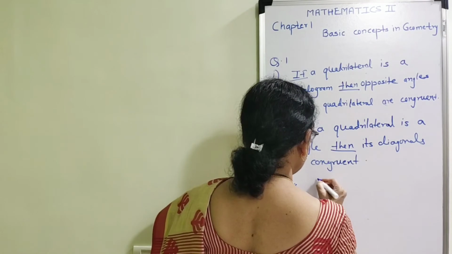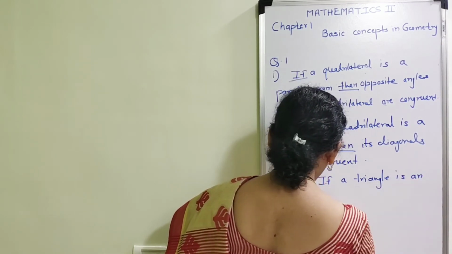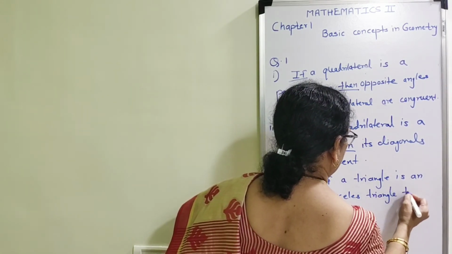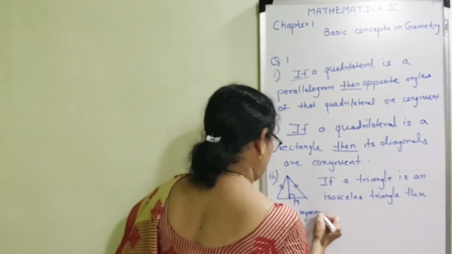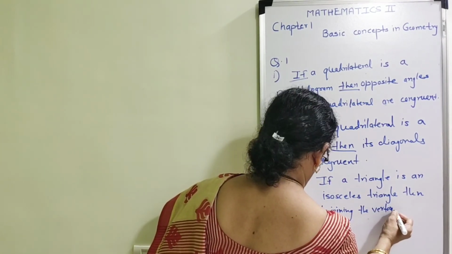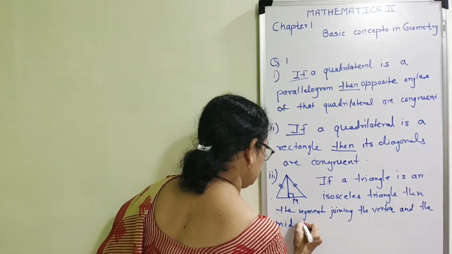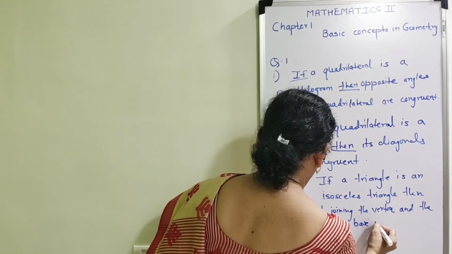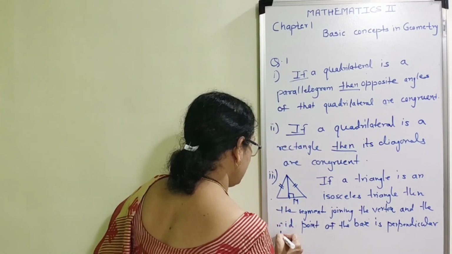If a triangle is an isosceles triangle, then the segment joining the vertex and the midpoint of the base is perpendicular to the base.